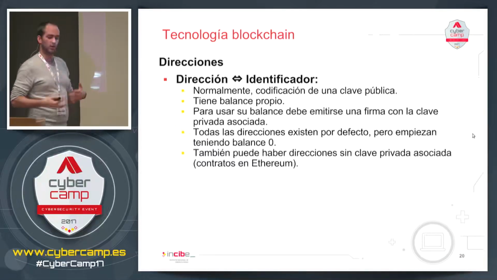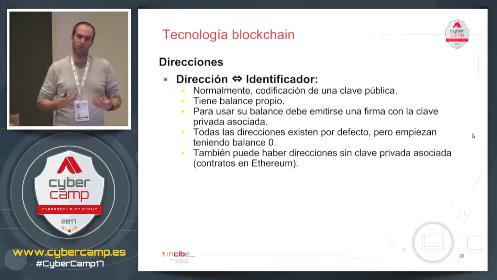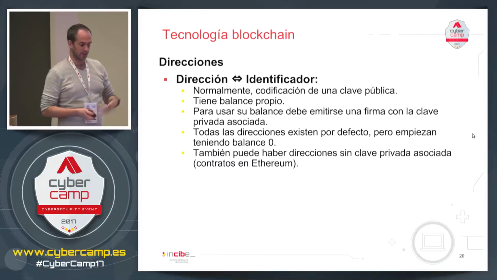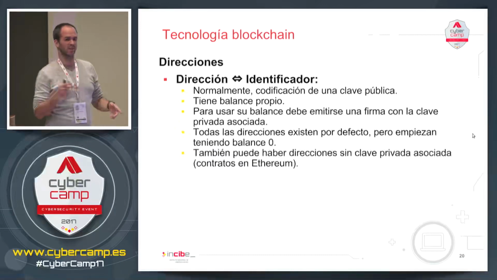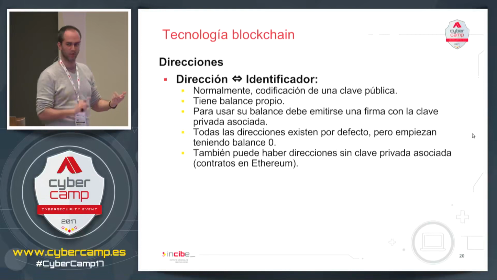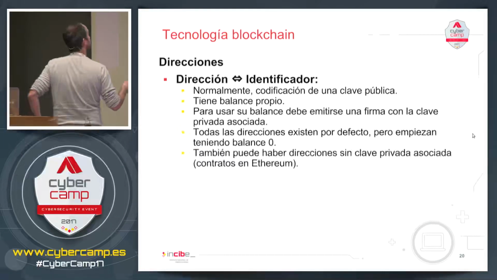Let's go into detail. Addresses. This is the ID system. We use addresses. Normally, there are exceptions, but normally it's the encoding of a public key. In smart contracts, their address is not the public key encoding. It's different.